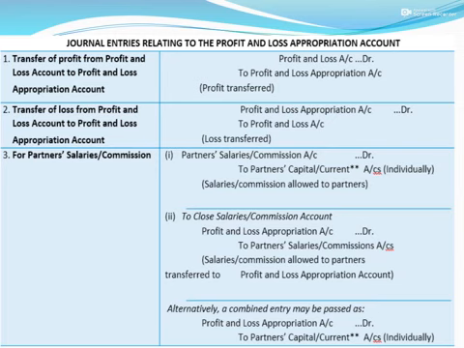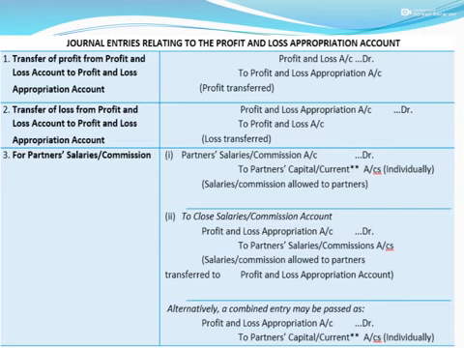Now we will make the reverse entry: profit and loss appropriation account debit to profit and loss account. On the debit side of the profit and loss appropriation account, we will write down "To net profit" or "To profit and loss account".